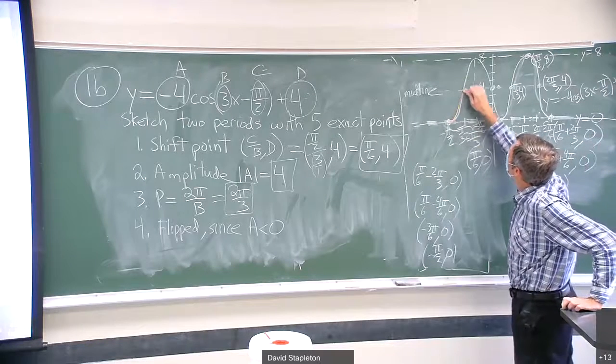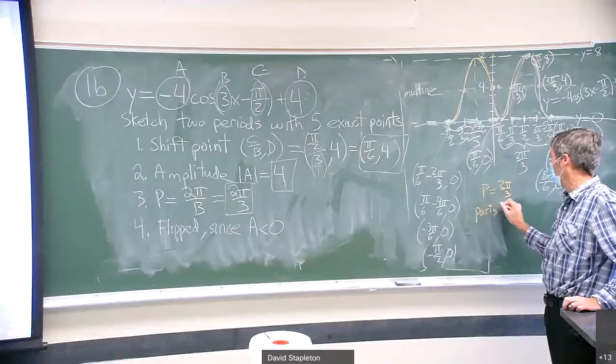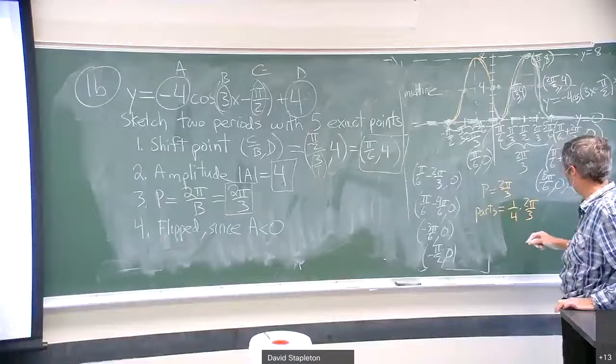Professor, how did you go about finding the increments at which you wanted to place points? Yeah, the period is 2 pi over 3. I'm going to divide it into 4 equal parts. So the parts are 1/4 of that. They're 1/4 of 2 pi over 3. So 1/4 times 2 pi over 3 makes 2 pi over 12, or pi over 6 apart.